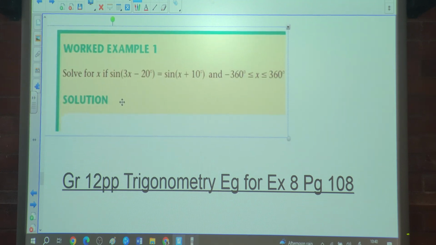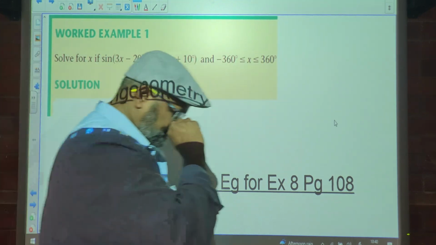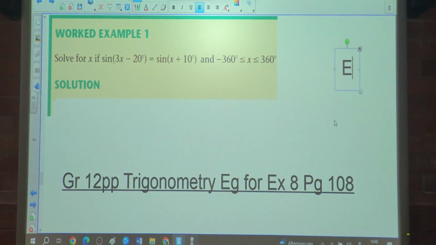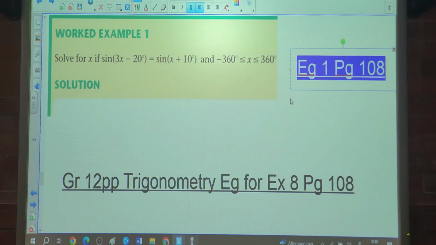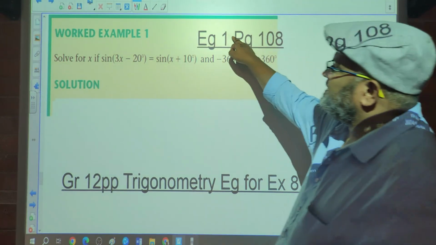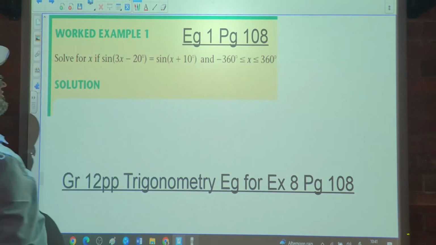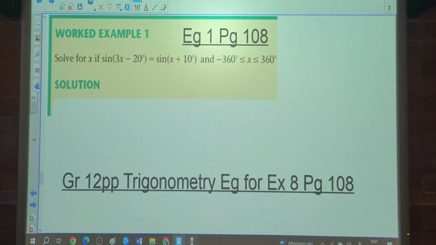We're looking at worked example 1. Worked example 1 is on page 108. Alright, so we are told to solve for x: sine of (3x minus 20) is equal to sine of (x plus 10) for x greater than or equal to negative 360 but less than or equal to 360.